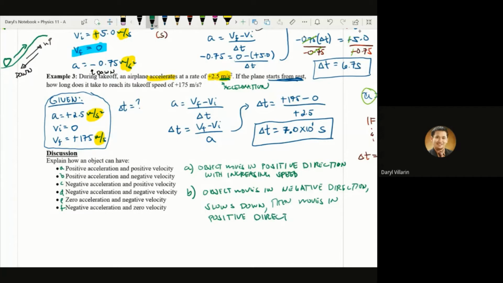Your answer could be different, but in essence, the thought should be the same as this one. So, negative velocity, positive acceleration. It moves in the negative direction, but the magnitude of that velocity decreases until such time that it goes back and moves in the positive direction with an increasing velocity afterwards.